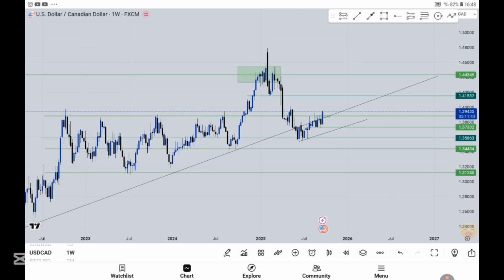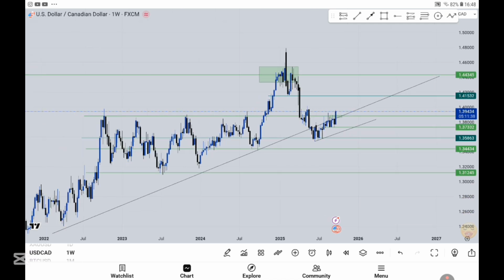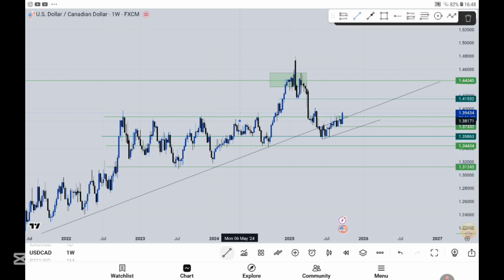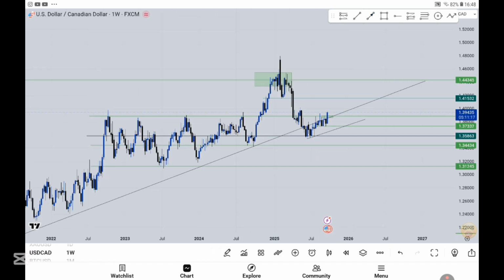But one thing you should know is that we're going to draw our trend line very well now, because this trend line has already been used. So we need to place it well, where the market has not reacted on it before, so we can see the overall movement of the market very well.